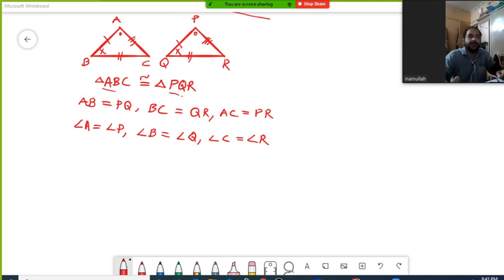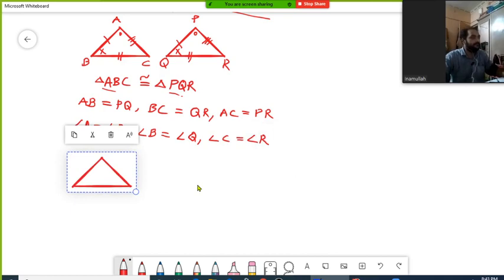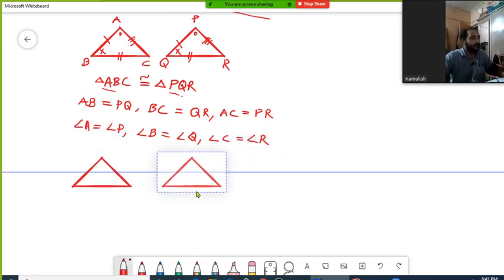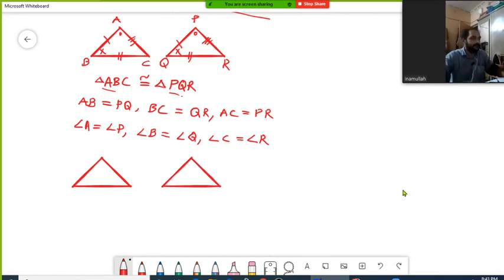If two triangles are congruent, then every pair of corresponding sides is equal and every pair of corresponding angles is equal. We will understand this with the help of an example. Suppose you have two triangles, triangle ABC and triangle PQR.